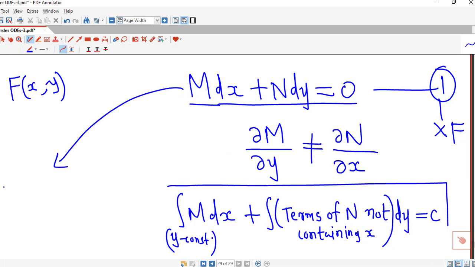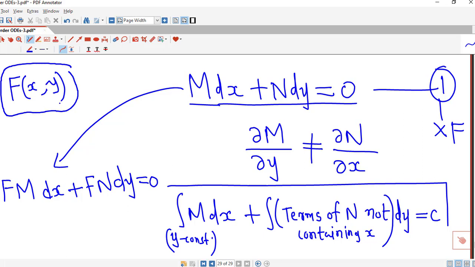Suppose I multiply equation 1 by capital F, then I will have F into M dx plus F into N dy equal to 0. So suppose there exists a function of x and y such that after multiplying equation 1 with this function, the new equation becomes exact.